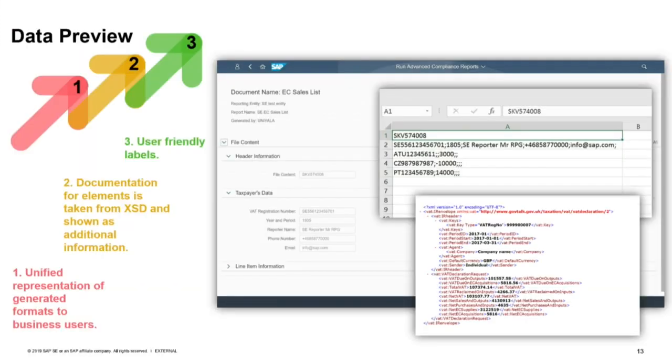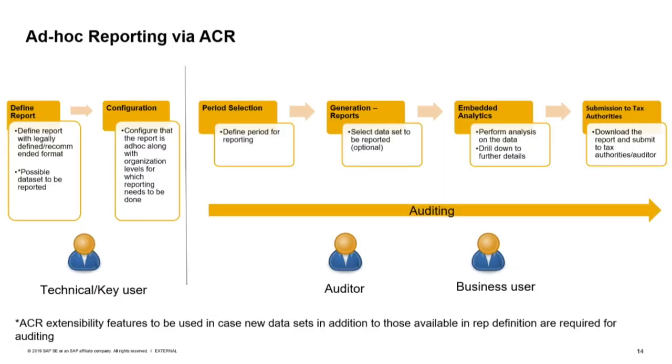So once you complete the run of the report, based on the type of the file that you have defined for this report, you can have a preview for the report. You can have manual adjustment also for some of the data if you would like before you submit to the authority. This is the ad hoc part, so once you define the report, you make the proper configuration and you start defining when and how, who will run the report, defining these steps with complete auditing data captured at any point of time.